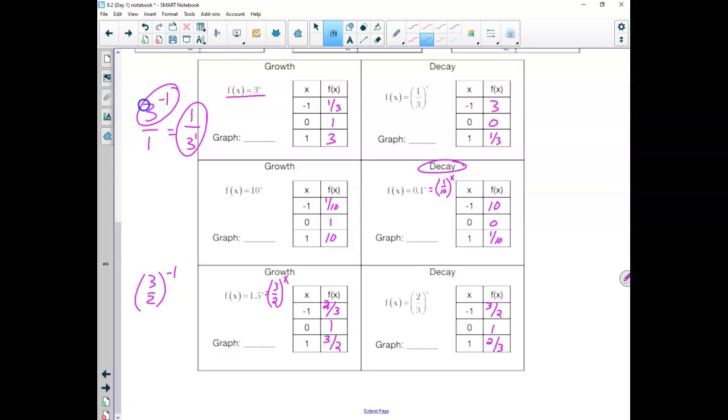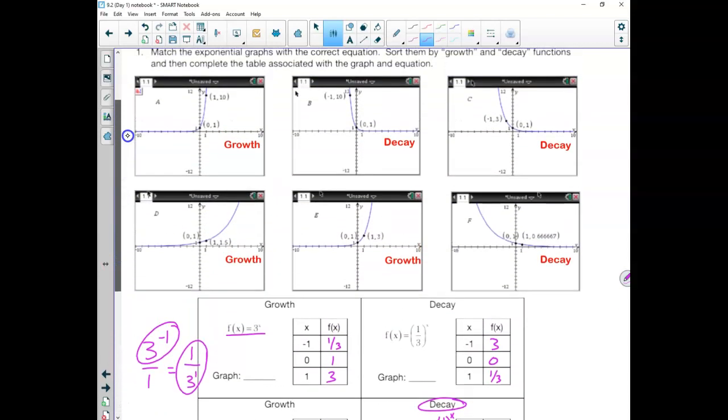And now we're going to match these to graphs. We said we had 3 growth functions, right? One grows fastest, one is growing the slowest, and one is in the middle of those two. So how do I know which one is growing faster?